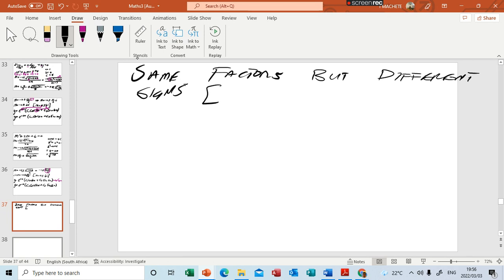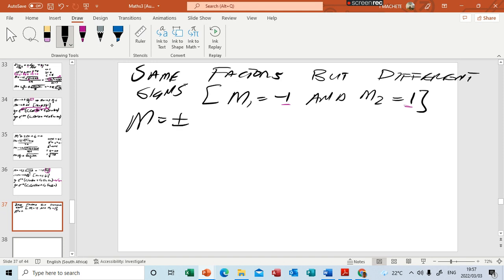So you're going to have m1 equals -1 and m2 equals 1. You see the factors are the same but different signs. Then you'll get plus or minus 1.